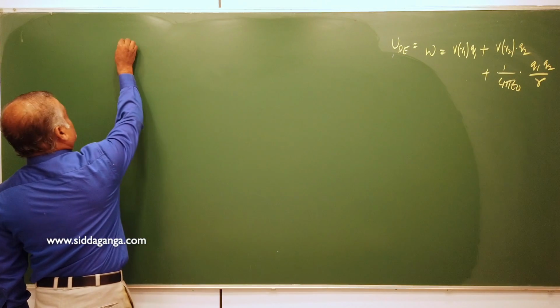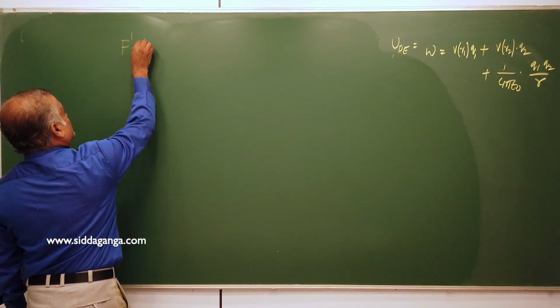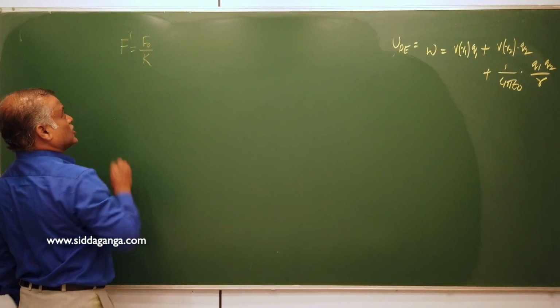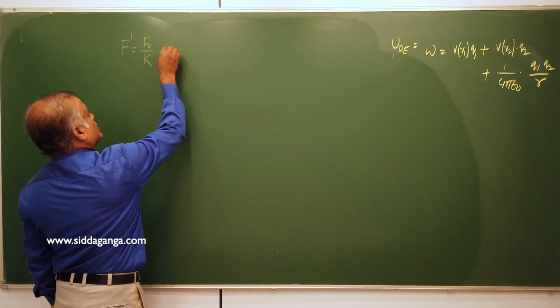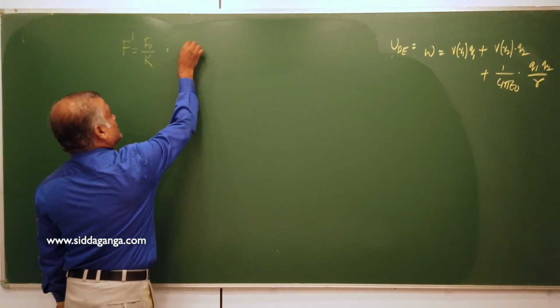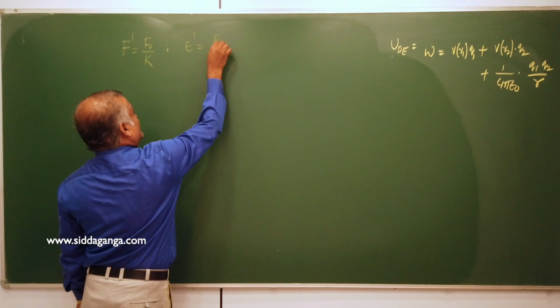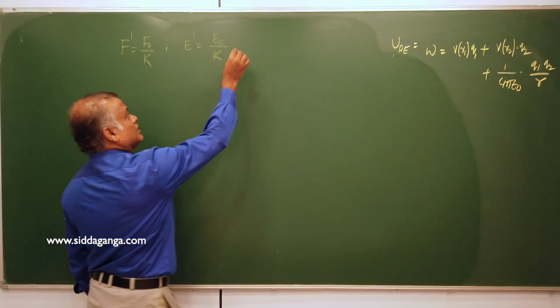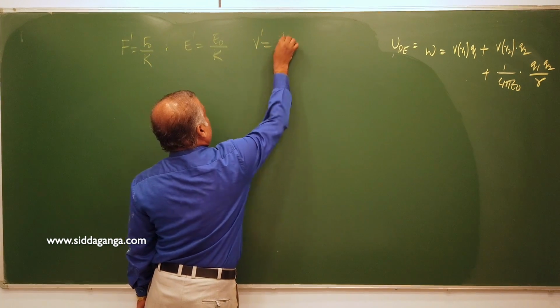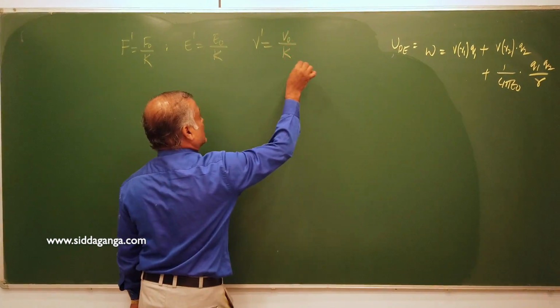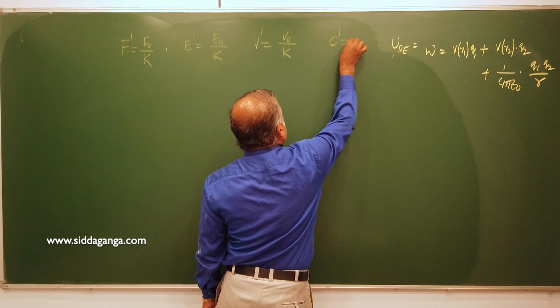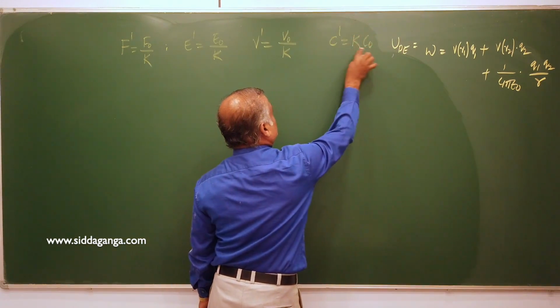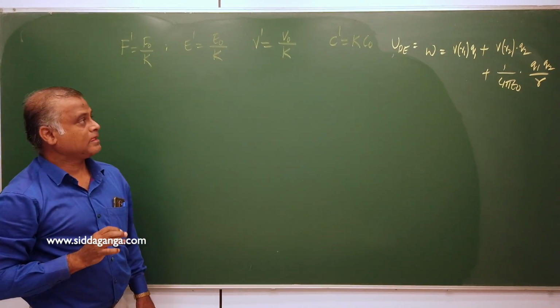That is, F naught by K. Force is reduced. The strength of the applied electric field is reduced, and the potential difference is also reduced. But I said the capacity will increase. This you will study in detail.